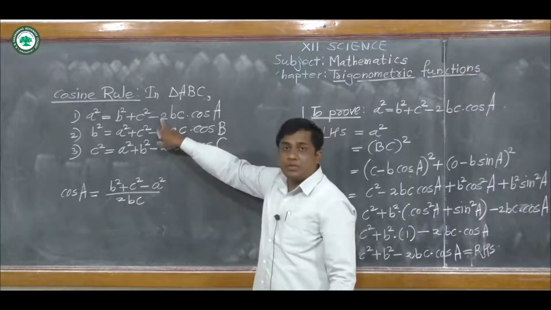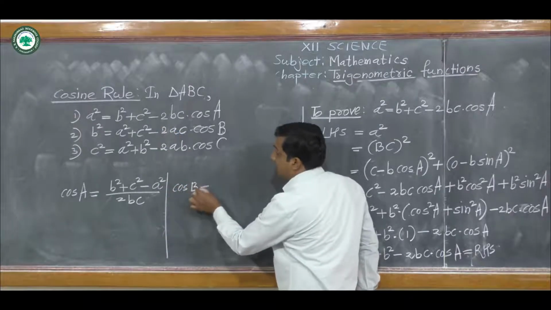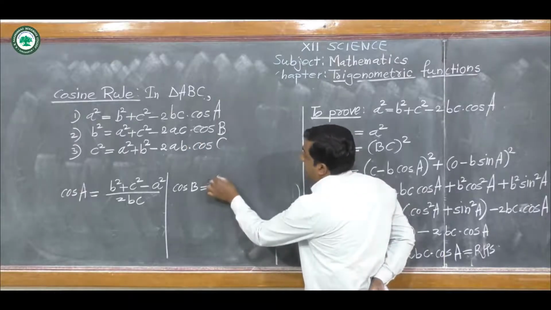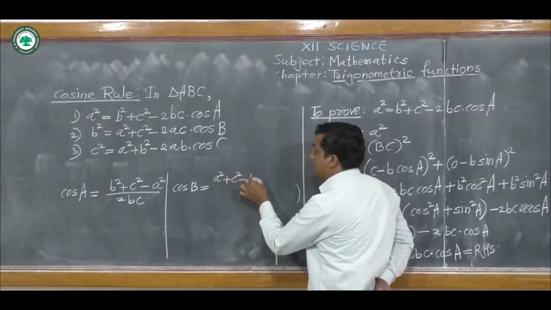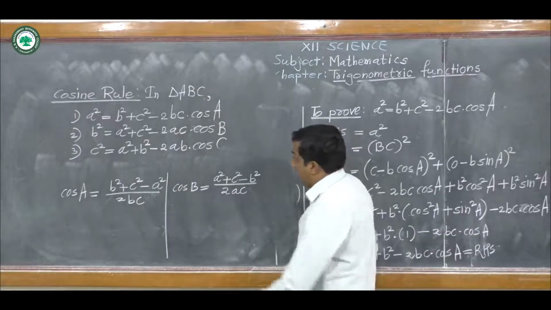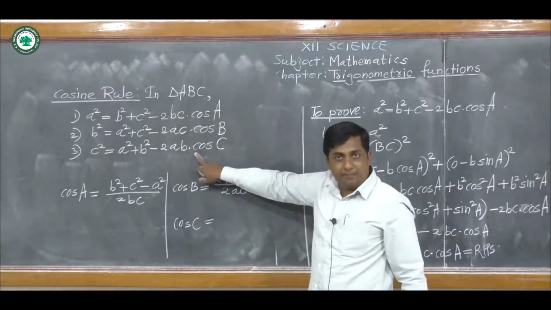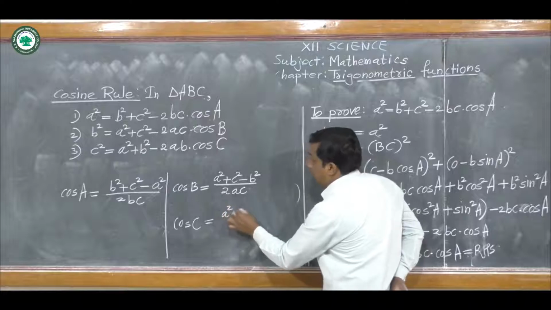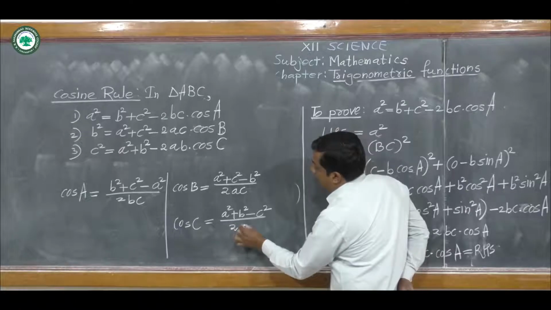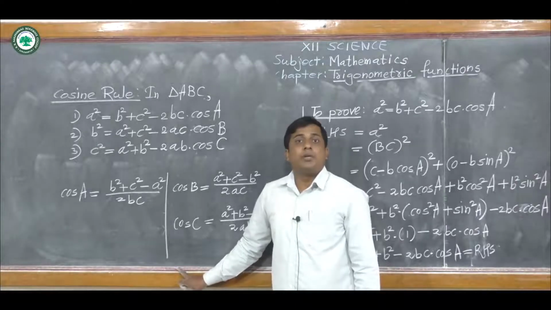Similarly, from the second, cos B is (a square plus c square minus b square) upon 2ac. And lastly, by using the third relation, cos C is (a square plus b square minus c square) upon 2ab. Remember this point also.